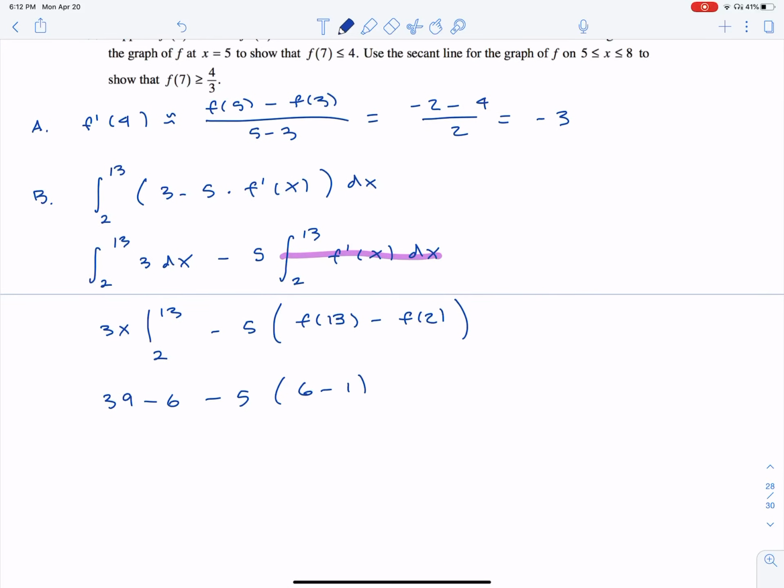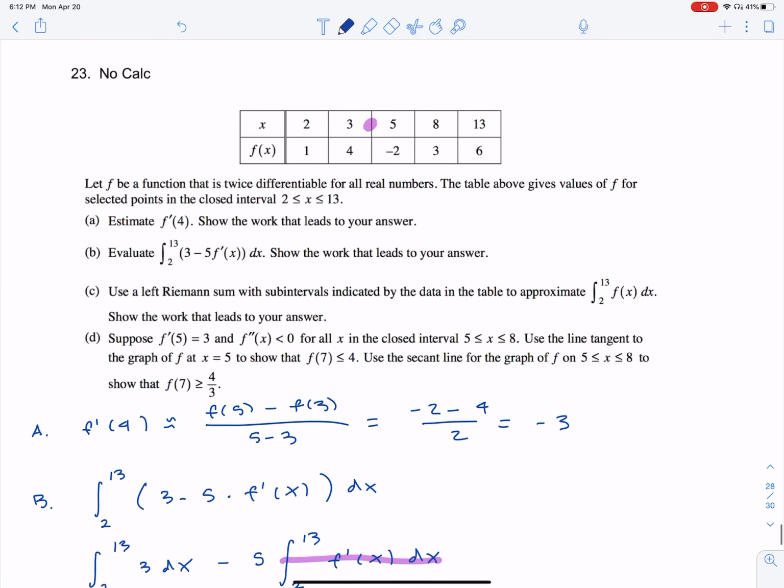So this gives us 33 minus 25, or 8. Okay, looks good. Let's continue. I'm going to grab that table because I am running out of space and I can't see. Let's grab that table.